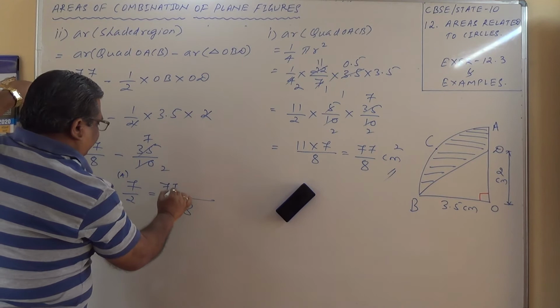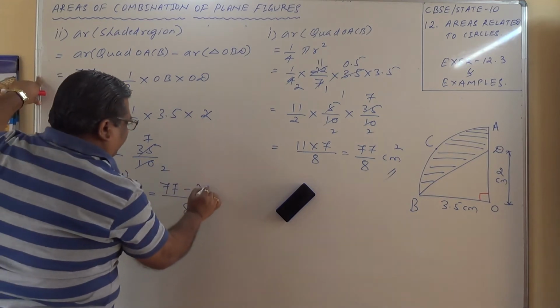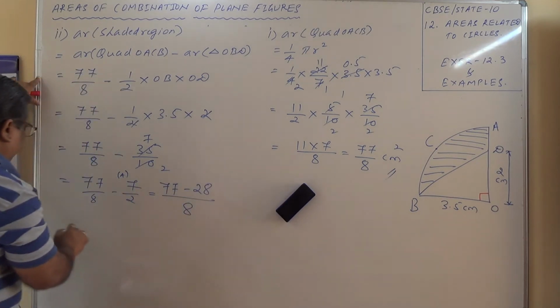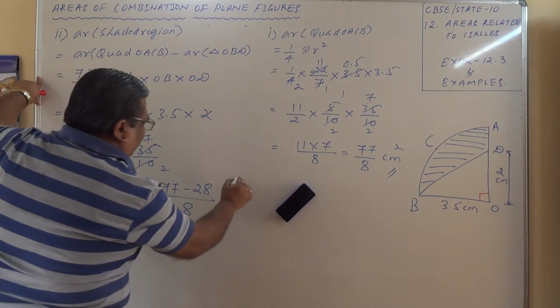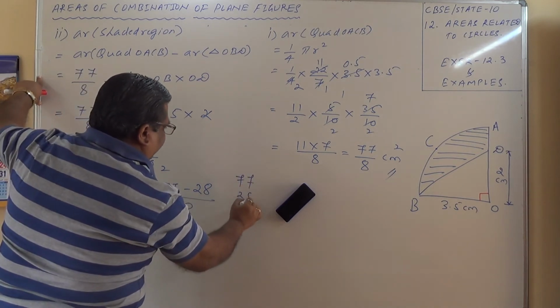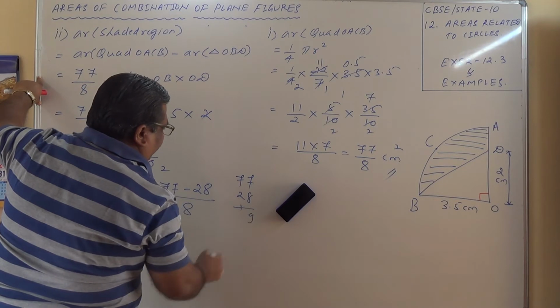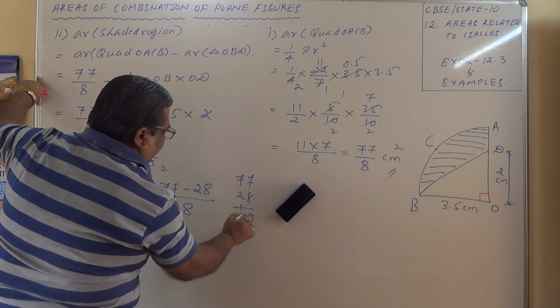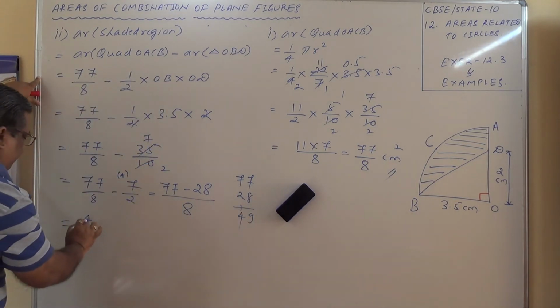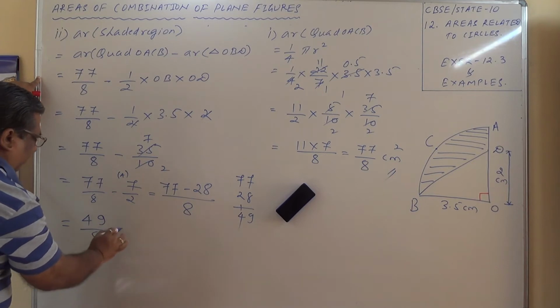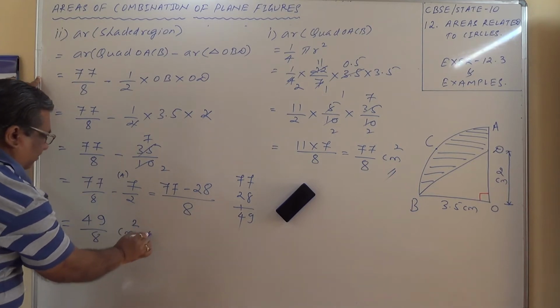So 77 minus 28, which is equal to 77 minus 28, 9, 7 minus 3, 4, 49 divided by 8 square centimeter.